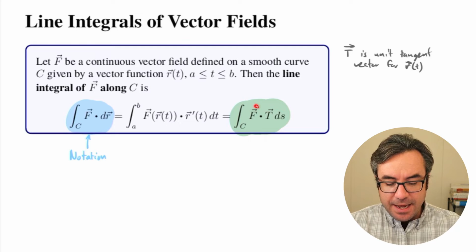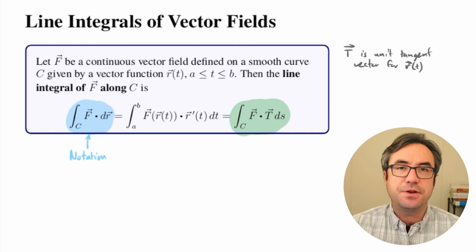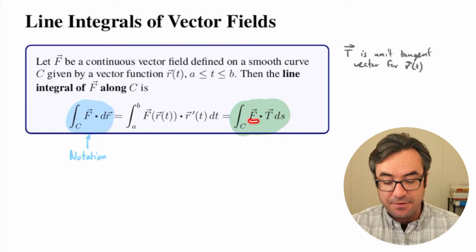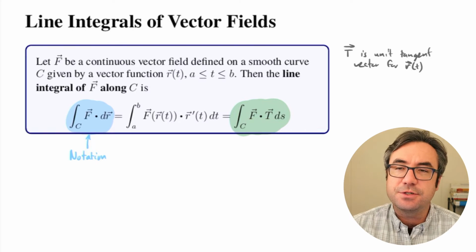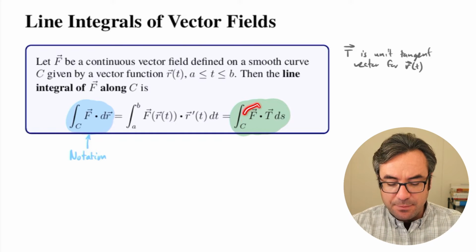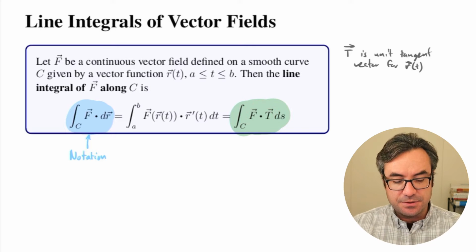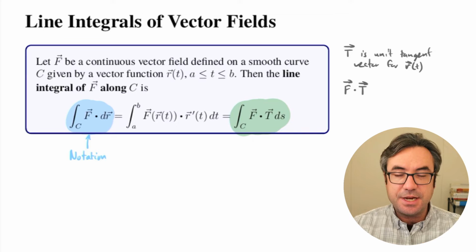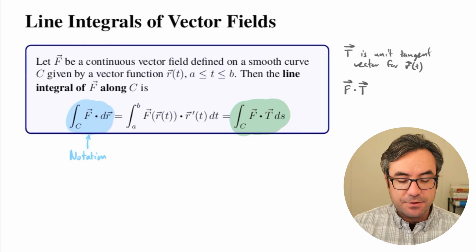So when we take two vectors and we calculate their dot product, this dot product is a scalar function. So the vector field F dot product with this tangent vector, this is a regular scalar function.